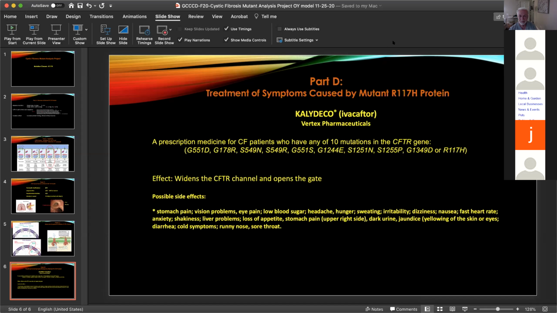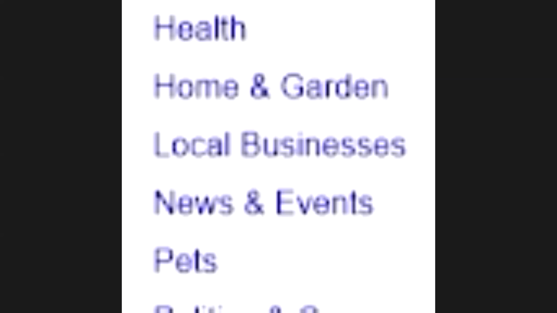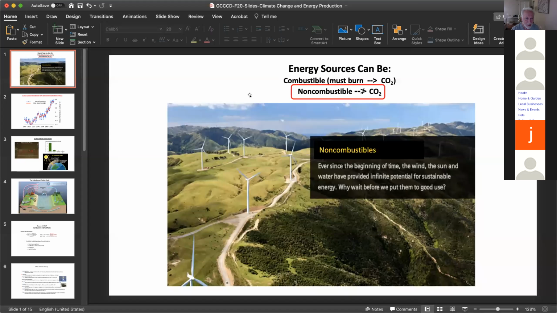Then I will stop sharing this screen. Professor, on your first slide, it showed the protein structure effects of the CFTR mutation.